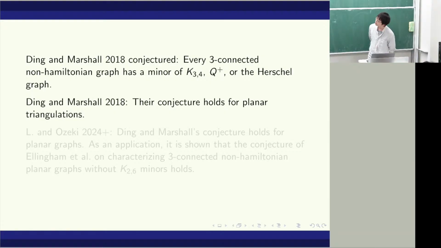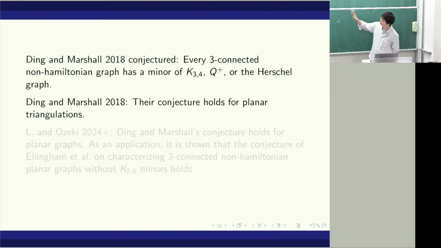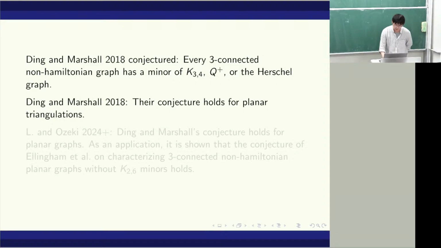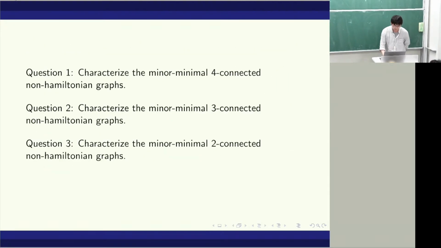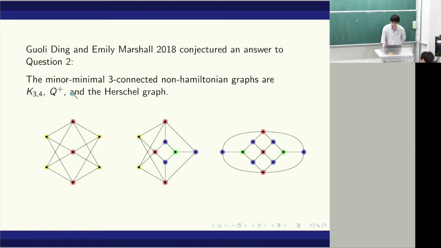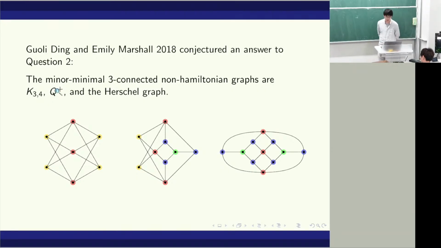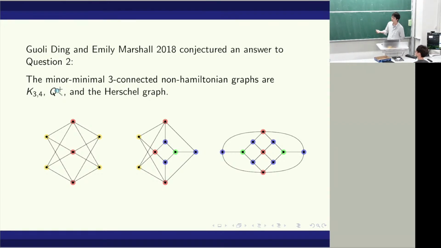And actually, I can also briefly explain why these 3 graphs are non-Hamiltonian. We can directly check that they're 3-connected, but why are they non-Hamiltonian? The reason is that each of them is bipartite and has an odd number of vertices.